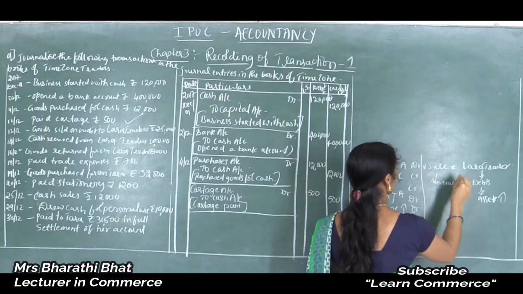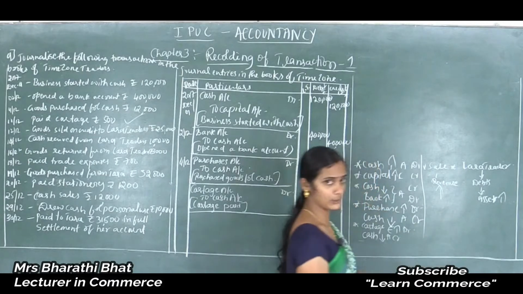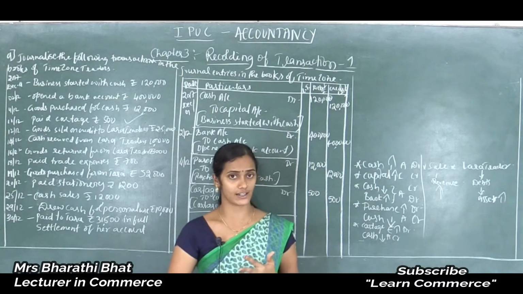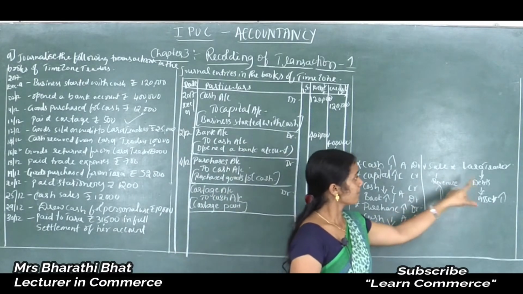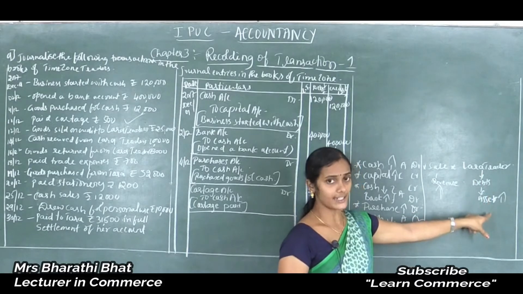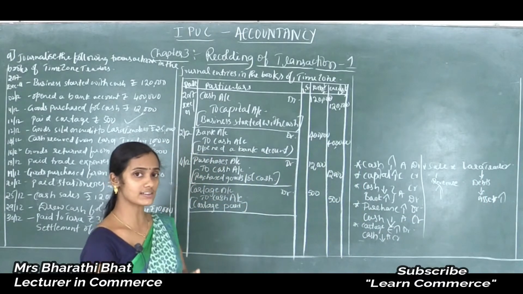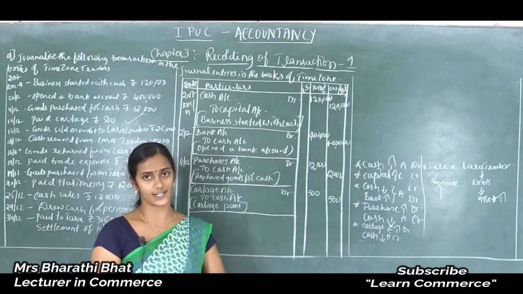Revenue of the business shows increased value. According to the rules, an increase in revenue is to be credited. Lara Traders is an asset, and an increase in asset is to be debited. So how can we write? Instead of writing cash, we should write the Lara Traders name.